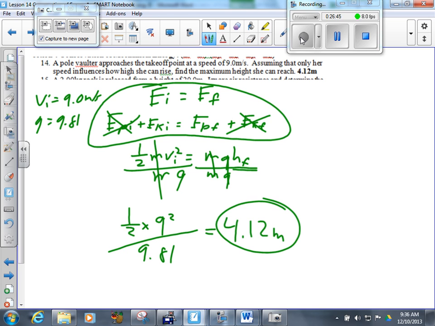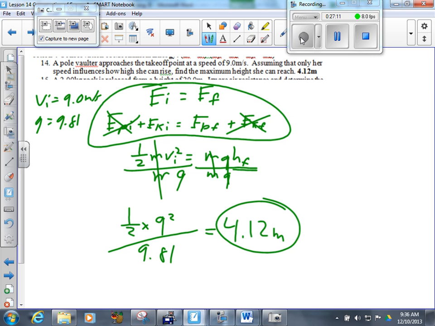Okay, EI equals EF, write down all 4 forms of energy that are possible, and cross off any ones that happen to be 0. In some questions, 1 might be 0. In some questions, 2 of them might be 0. That's the most. Okay, you can't ever have 3 that would be 0, otherwise an entire side would be 0, and then you have no energy.